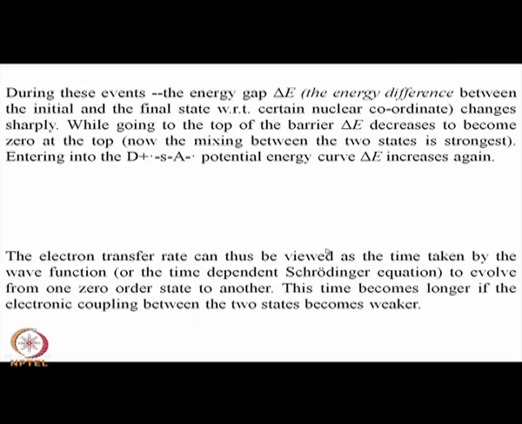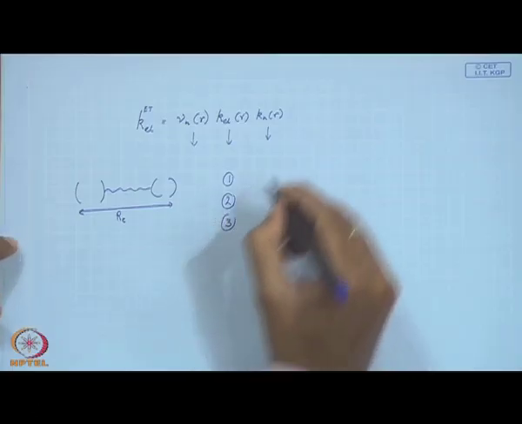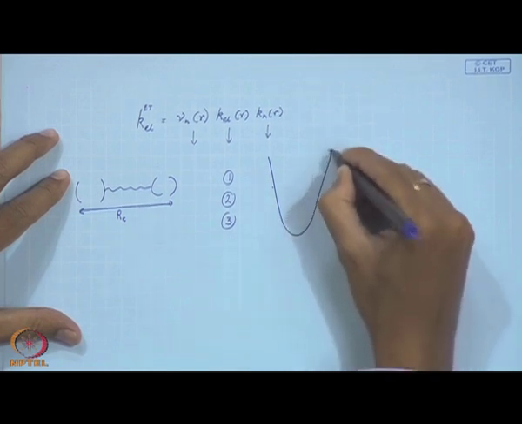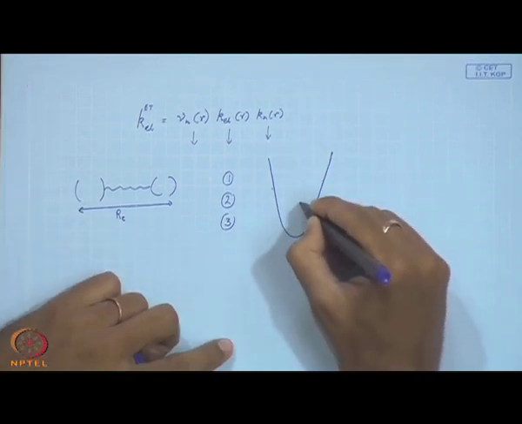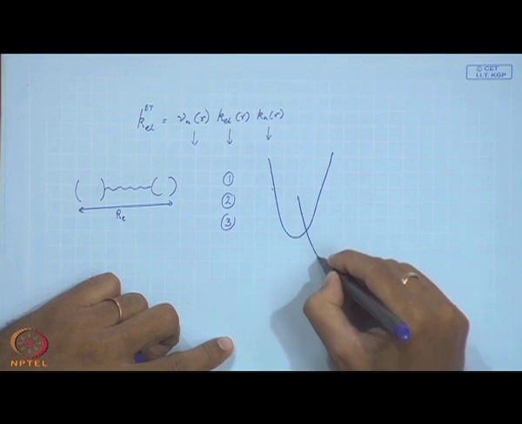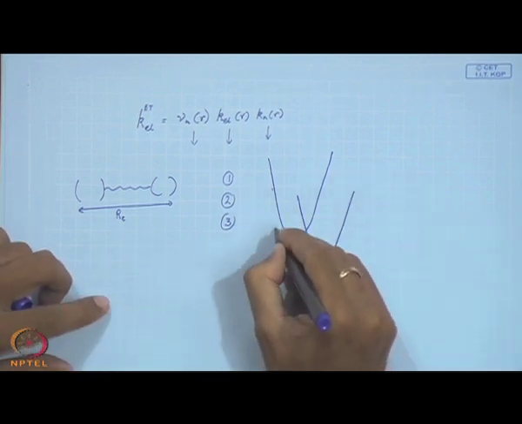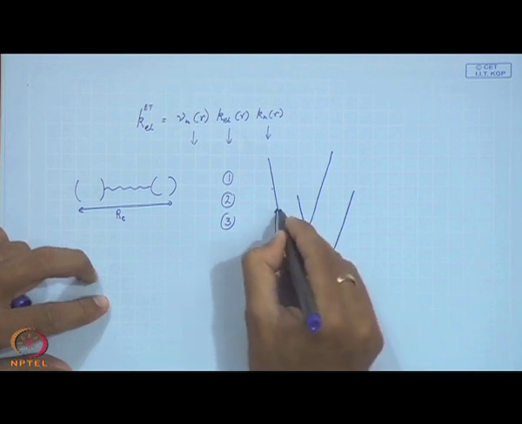During these events, whatever events I have stated, that is by 1, 2 and 3, you have one surface and another surface like this, then it is your excitation, and then it will go this way.